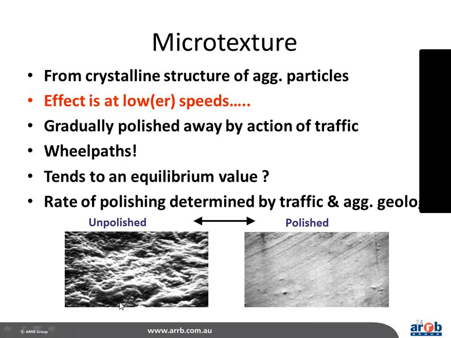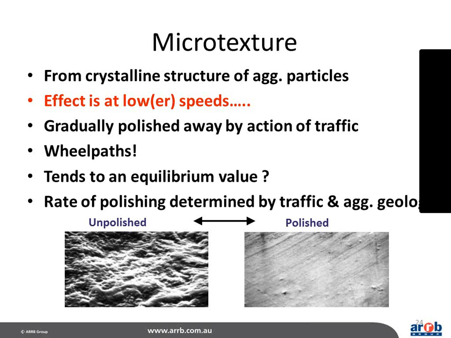The microtexture is the individual structure of the aggregate particles. And what it does for us is it gives us what we call adhesion between the tyre and the road surface. It's very effective at lower speeds. It enables us to manoeuvre.